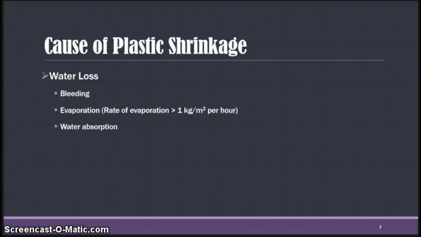Another thing is, water will be absorbed by the formwork or by the PCC, which is below the RCC element. So if the water is absorbed by the formwork or by the subgrade of the concrete, it's going to form plastic shrinkage cracks. Again, a similar sort of mechanism occurs, but now it is occurring on the surface of the formwork.